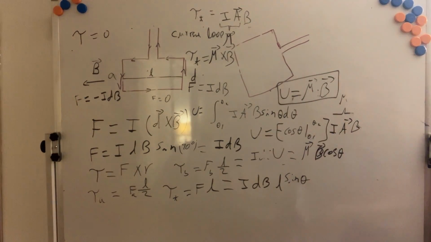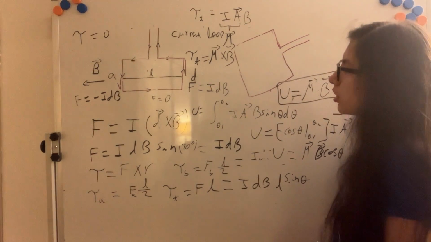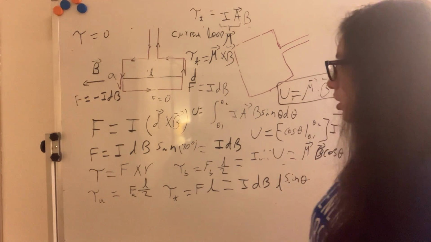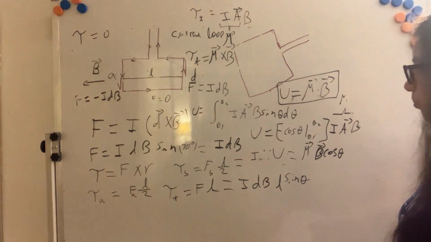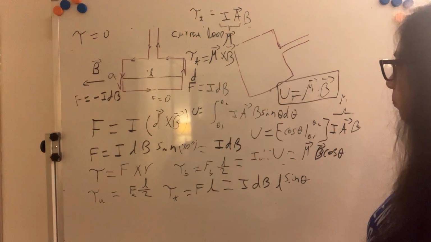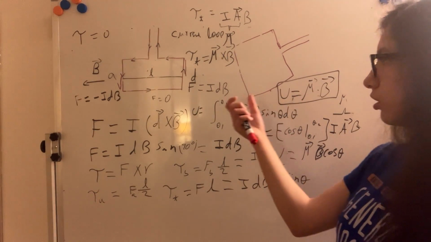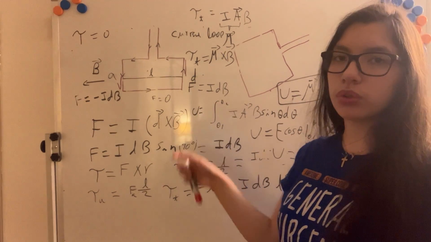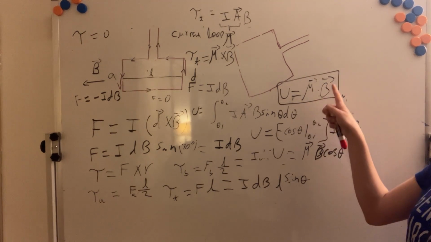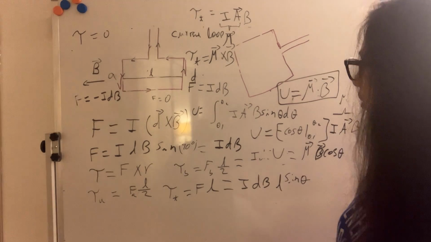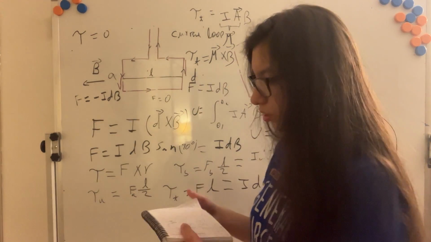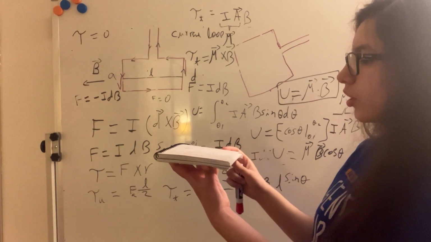Whenever we have a body that experiences a torque in a magnetic field, it's called a magnetic dipole, and it has a magnetic dipole moment, that is the current multiplied by the area of that body, and the energy to take that body to 0 torque is the dot product of the magnetic dipole moment and the magnetic field.